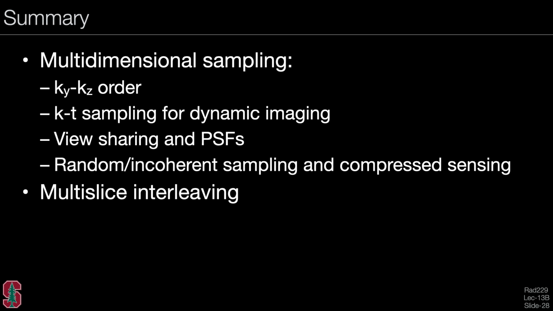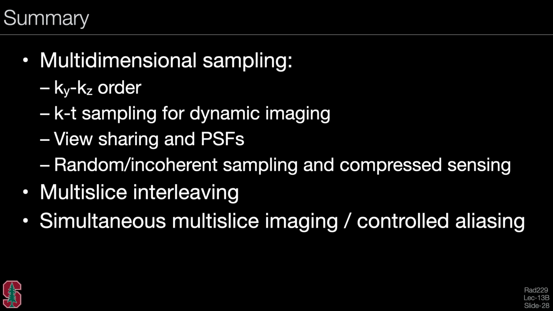We've looked at different ways to interleave slices in multi-slice acquisitions, including approaches to optimize the overall scan time, as well as to take advantage of inversion recovery blocks. And then we've looked at simultaneous multi-slice imaging and controlled aliasing, which is often used in conjunction with parallel imaging to simultaneously excite and image different slices.